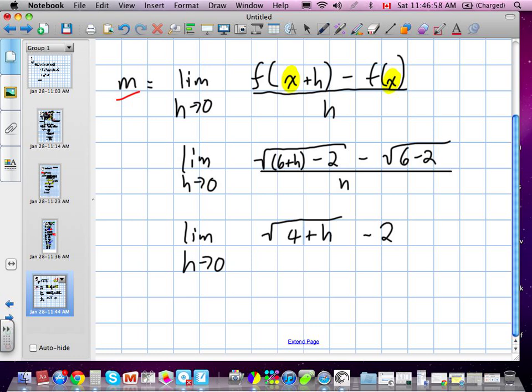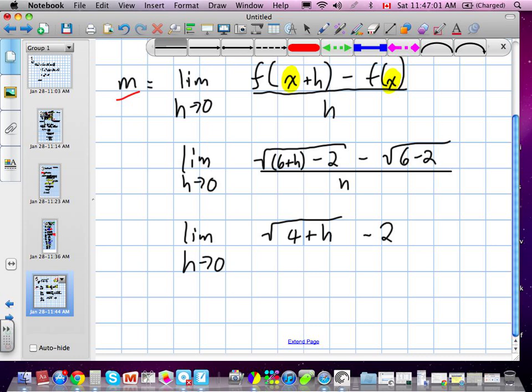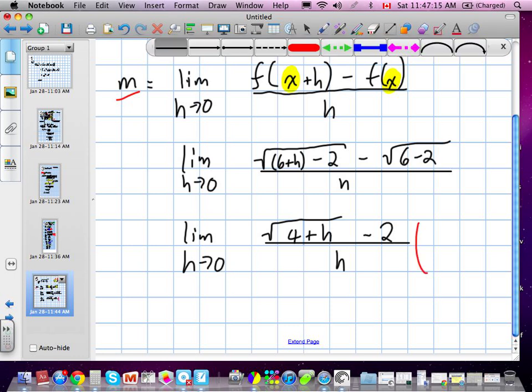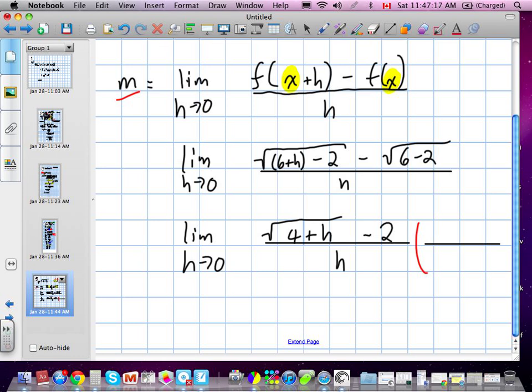This makes sense? Okay. Yeah, so this is where we have to multiply by the conjugate. So what we do here now, we multiply by root of 4 plus h plus 2, on top and bottom.